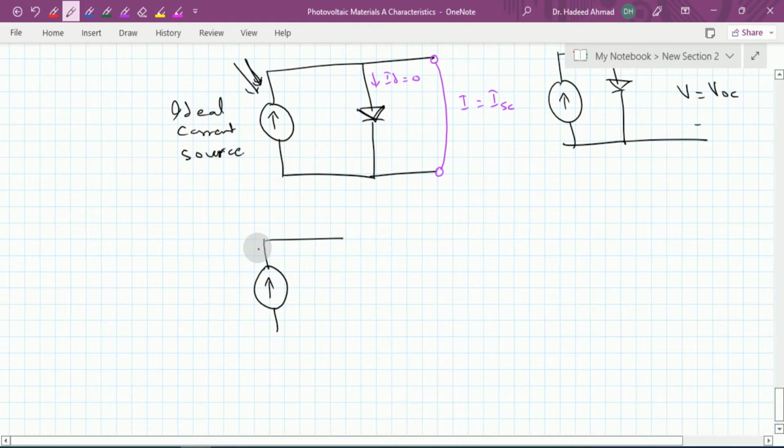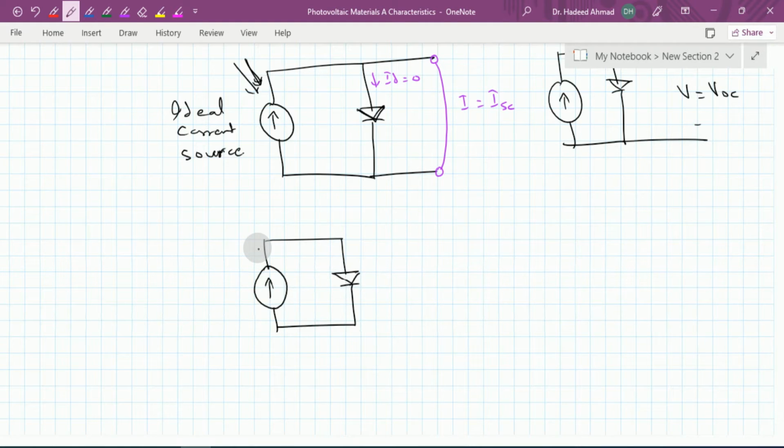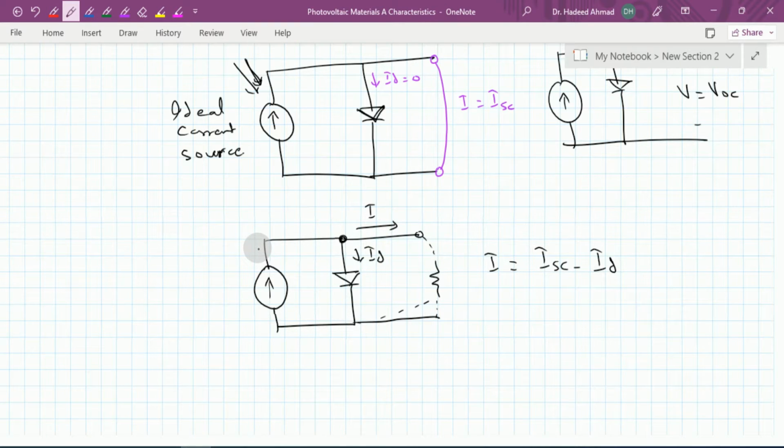Here we have the diode, and here let us say we have some resistance. The current which is flowing here, I, if I apply the KCL here, then I is equal to ISC minus ID, and ID is the current which flows through this diode.